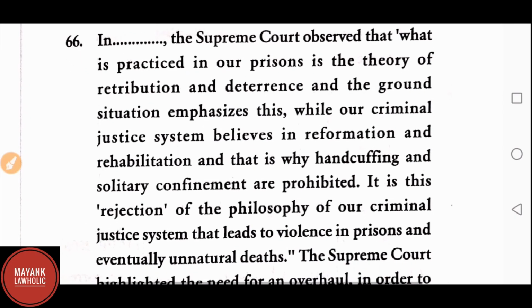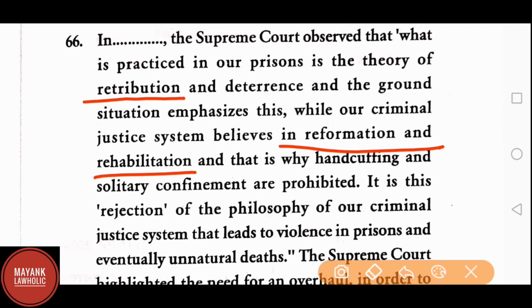Question number 66. In dash, the Supreme Court observed that what is practiced in our prisons is the theory of retribution and deterrence, and the ground situation emphasizes this, while our criminal justice system believes in reformation and rehabilitation, and this is why handcuffing and solitary confinement are prohibited.